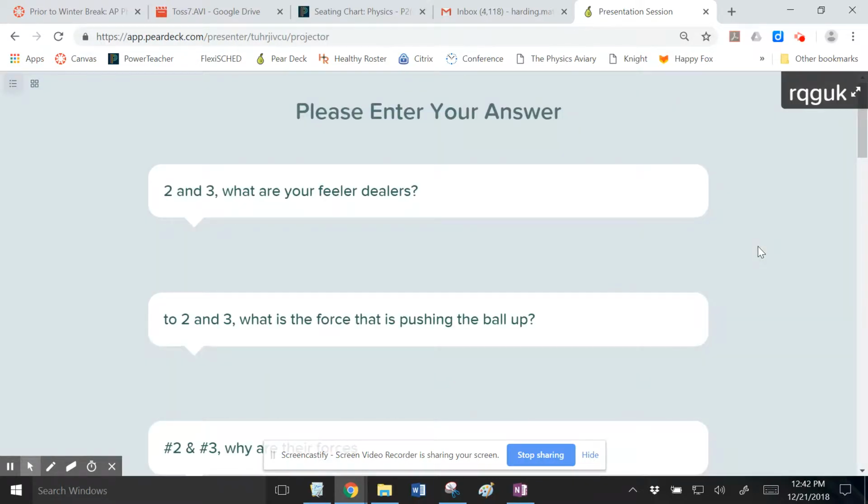All right, so here's kind of the main questions. 2 and 3, what are your feelers and dealers? What is the force pushing the ball up? Why is there force going up on the ball even after they've left the thrower's hand? What is pushing on the ball? What does the up arrow number 3 indicate?